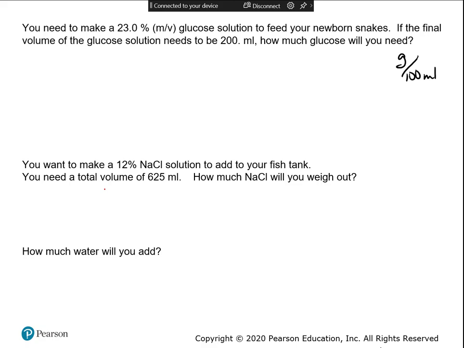Just like with molarity, concentration times volume will tell you the amount of your solute. Concentration times volume equals amount of solute. So what's my concentration?